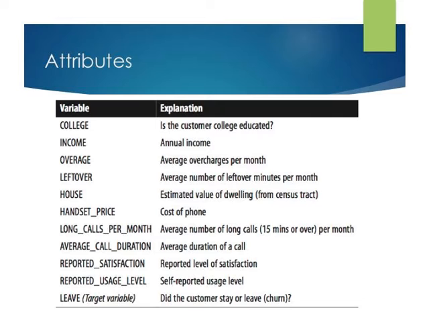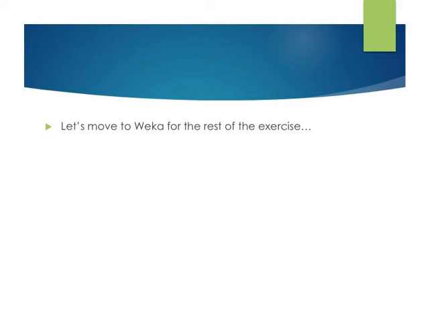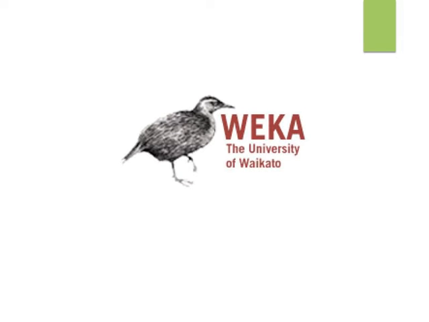So these are the different variables, with short names for them, income, over age, leftover, and so on. And the last one, as I was mentioning before, is the target or the class. Did the customer stay or leave, churn? So with that, we are ready to go to Weka for the rest of the exercise.